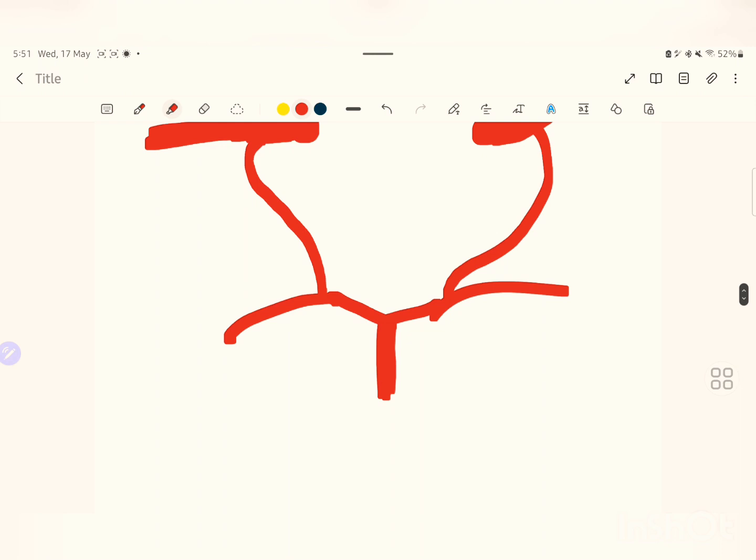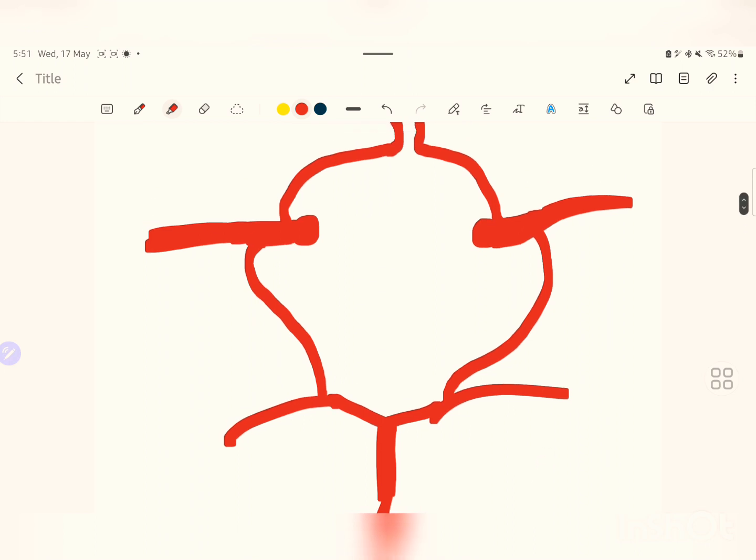This is a basilar artery which is formed by joining of two vertebral arteries.